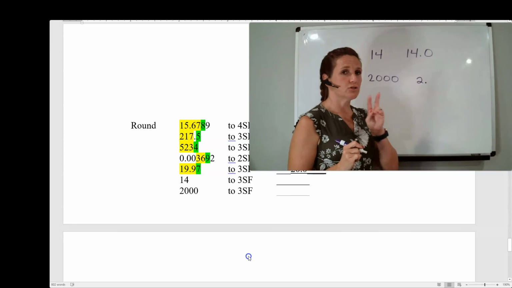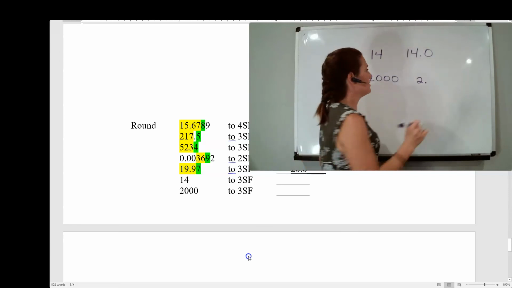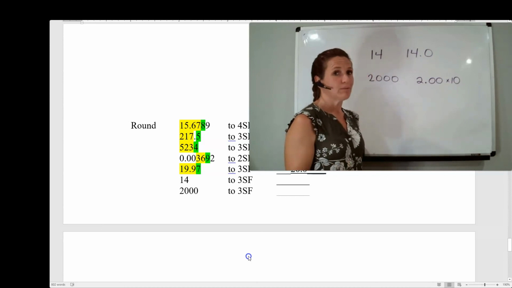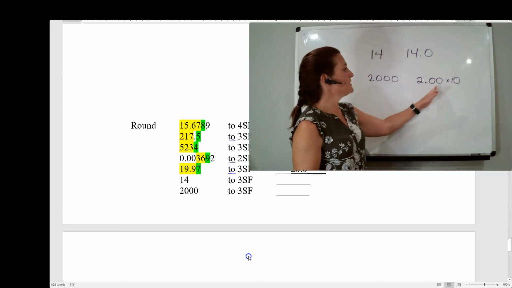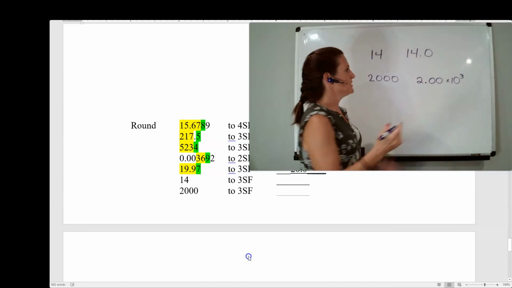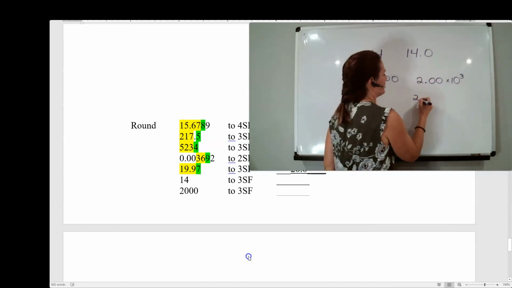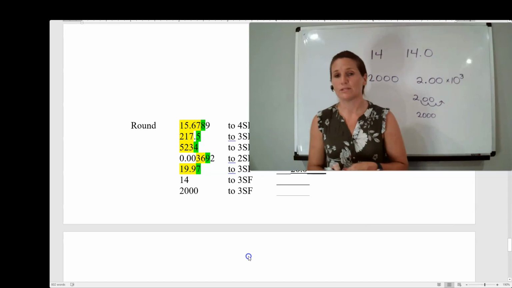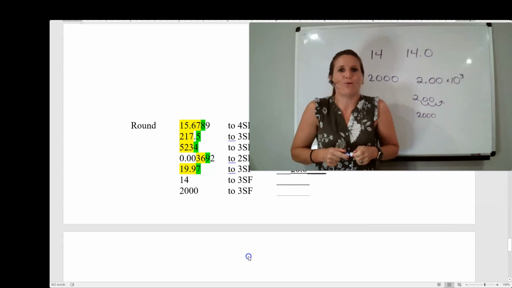I want to have three total significant figures, which means I need two more zeros. And now, real easy, you should be able to see the solution now. Times 10 to the third power will enable me to take this back out of scientific notation. 1, 2, 3, 2000.